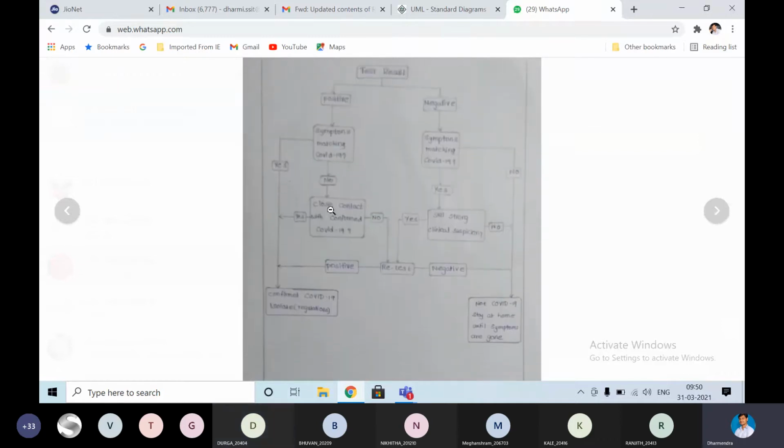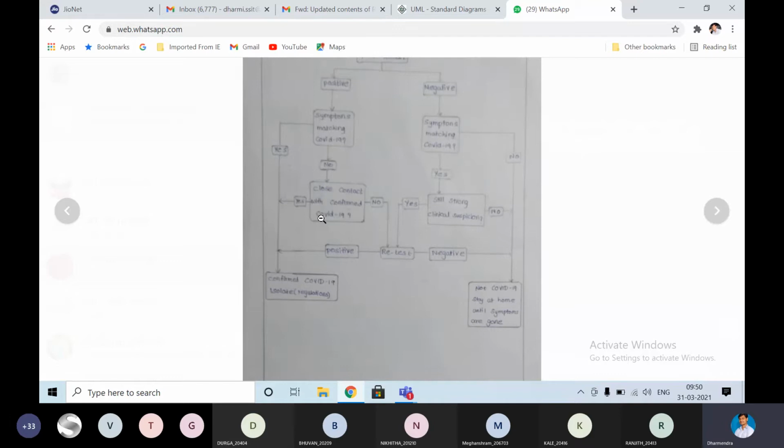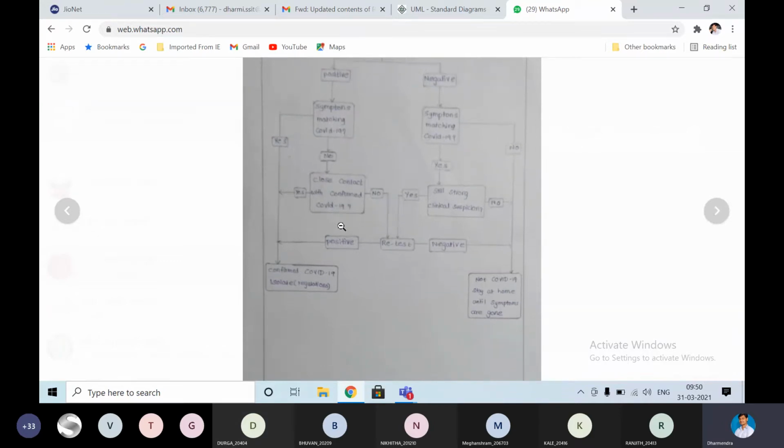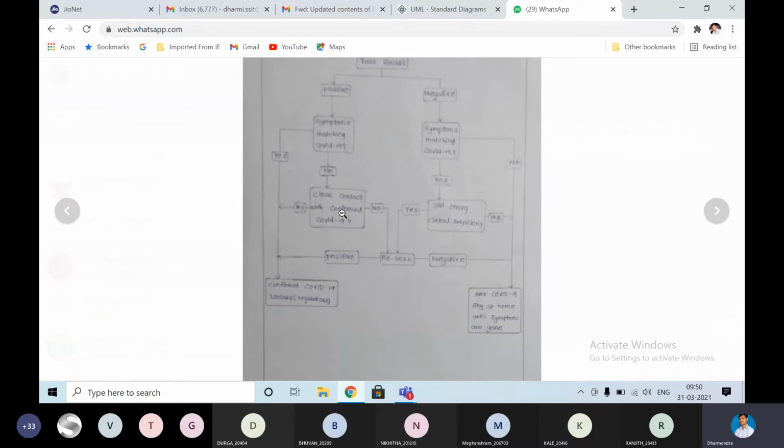Then here, no, symptoms are not matching. Close contact with confirmed COVID-19. Here, what does it mean? So the person is not suffering with COVID-19. The person is not affected by COVID-19.